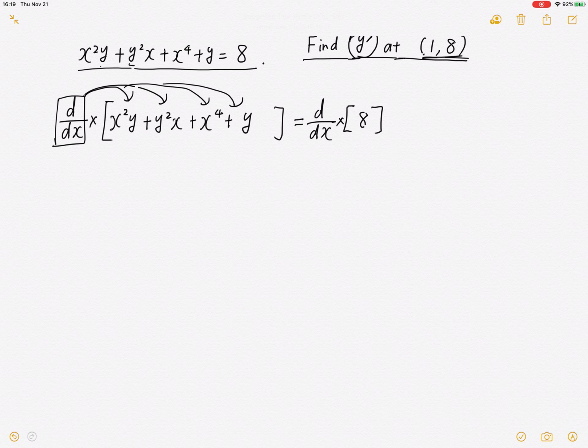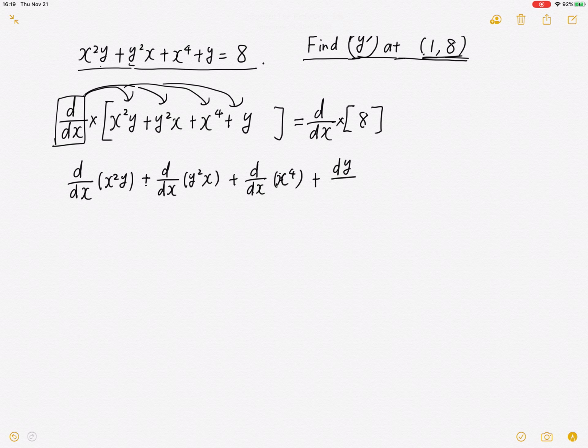Okay. So you'll be differentiating x squared y, squared x, x to the fourth power, and y dx.